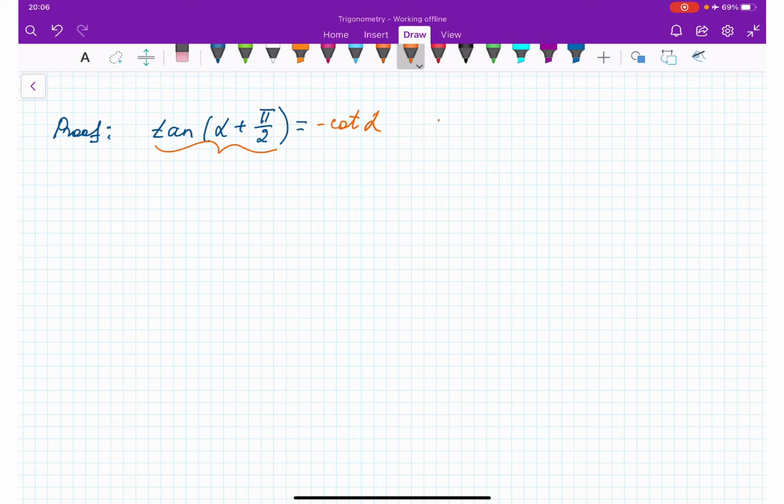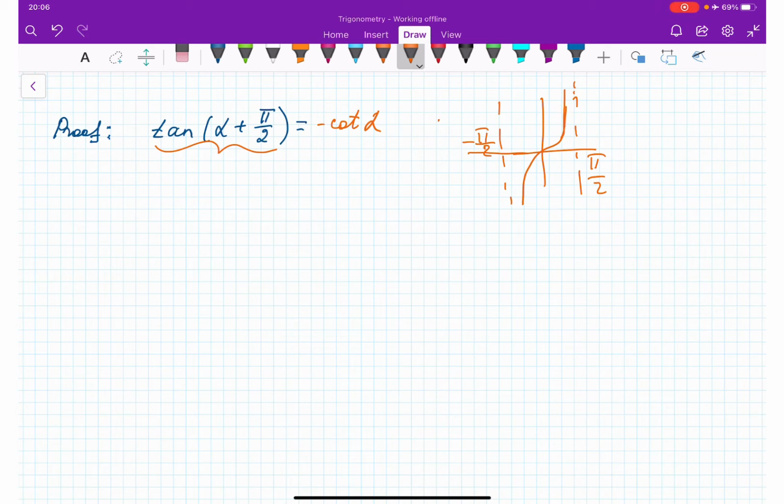Okay, so this is half a pi. This is negative half a pi. If you open the graph of tangent and cotangent, I have a special video for that, you will see the graph is going like this, and half a pi is a vertical asymptote.